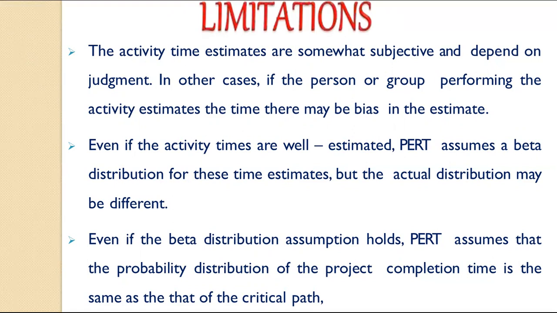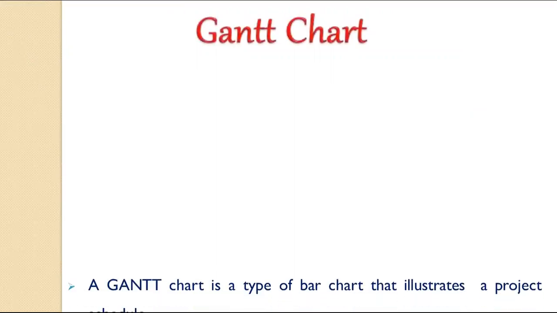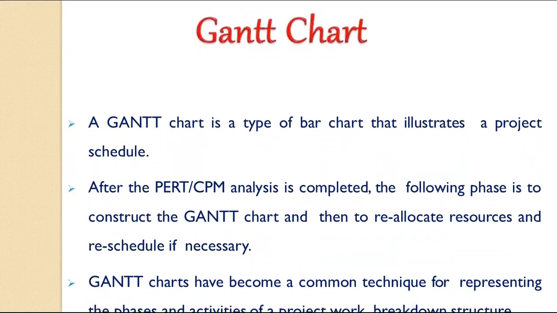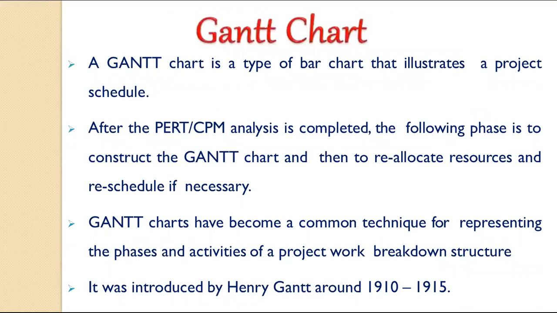So here, while constructing the PERT, we use Gantt charts. Now, let us see what a Gantt chart is. A Gantt chart is a type of bar chart that illustrates a project schedule.